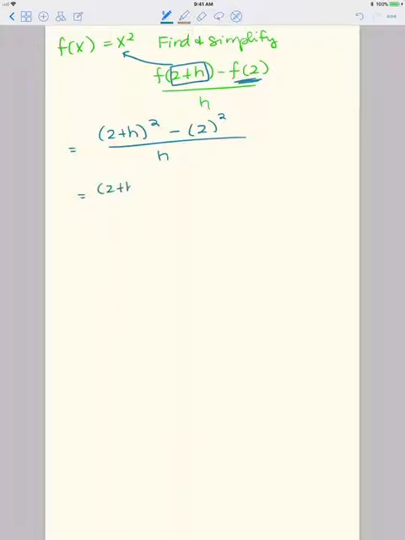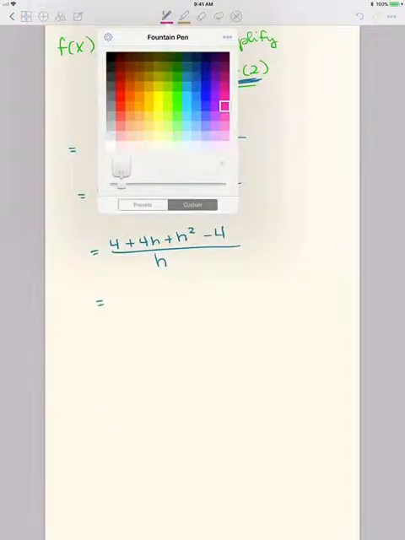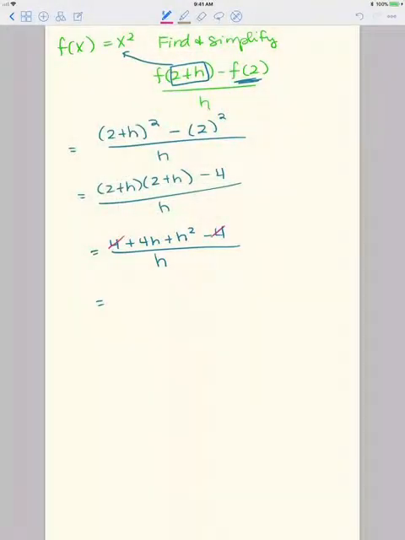2 plus h squared is 2 plus h times 2 plus h, and then subtract 4. And if we multiply those two products out, you get 4 plus 4h plus h squared minus 4, all over h. The 4's are going to cancel up top because it's 4 subtract 4.